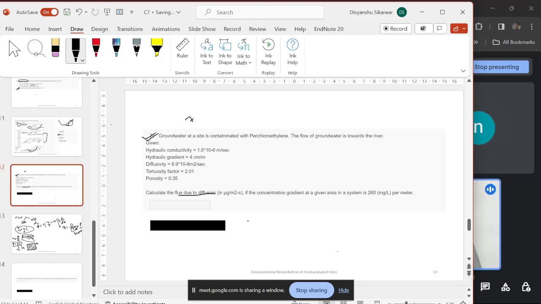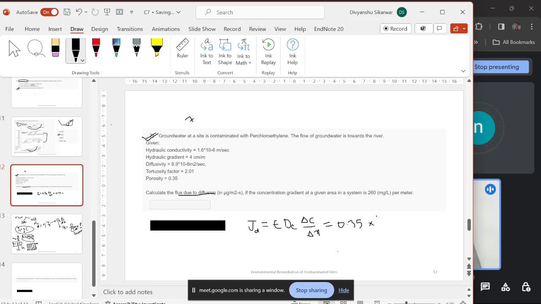So we need to calculate the flux due to diffusion, right? Yes. Flux due to diffusion will be the velocity times the tortuosity value times the c over, with a value of 0.35.